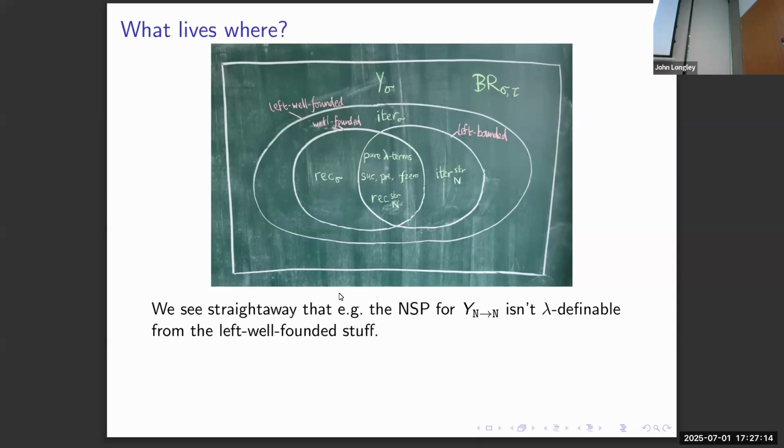Looking at this picture, I'm not an expert, but rational fixed points would be a much more intensional model that doesn't factor through NSPs. But you can look at the NSPs that come from rational fixed points, and that would be a submodel.